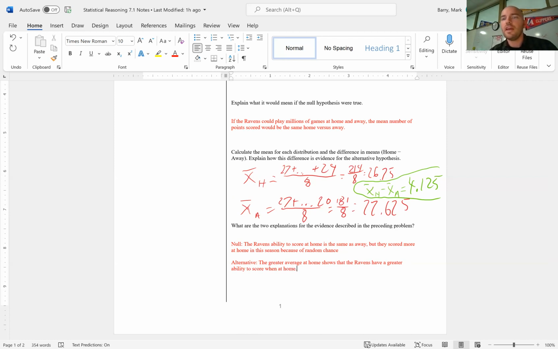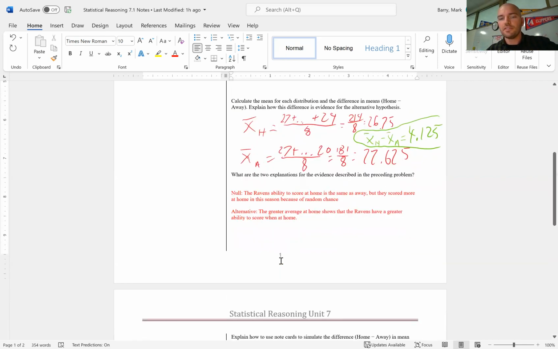So that one's saying, yes, we cannot ignore that difference right there. Clearly, they're doing better at home. So this is justification for saying that they score more when they are at home. So two conflicting explanations there. Like I said, we don't know which explanation is correct right now, and we're going to continue this process to see which one is correct.